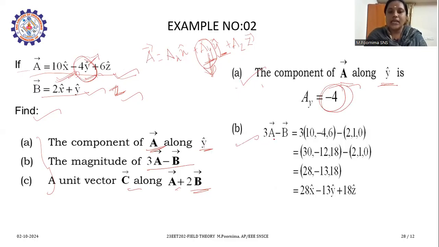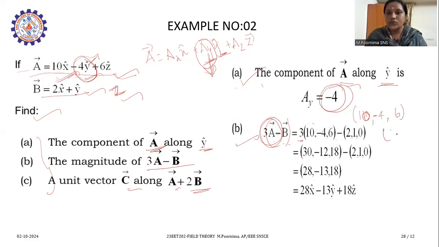Okay, now the next one is 3A minus B. First we have to find 3 times A minus B. We take the components alone. A vector is 10, minus 4, 6.